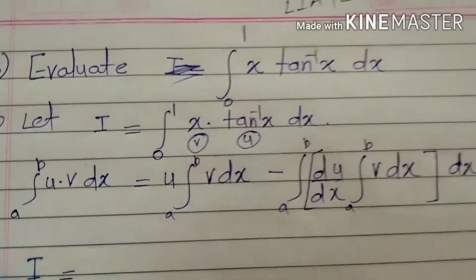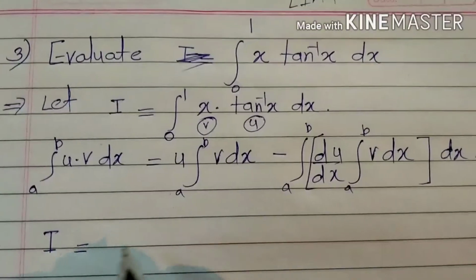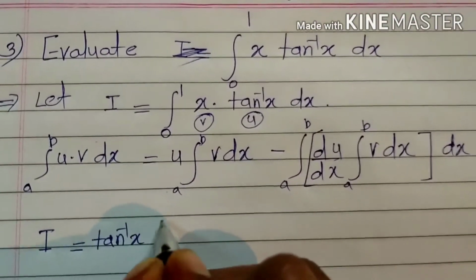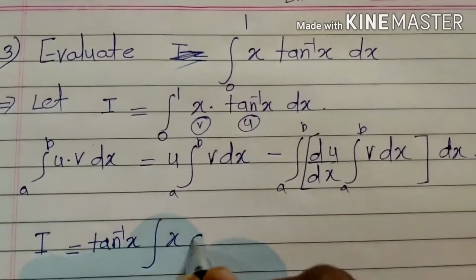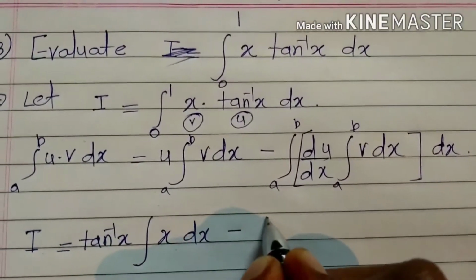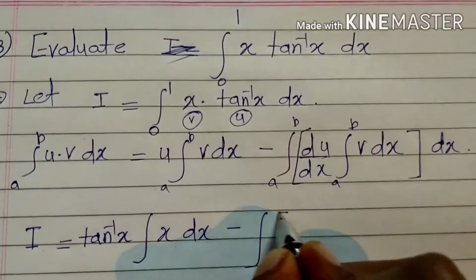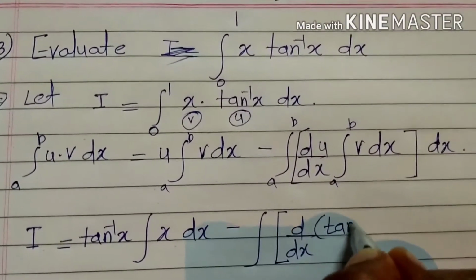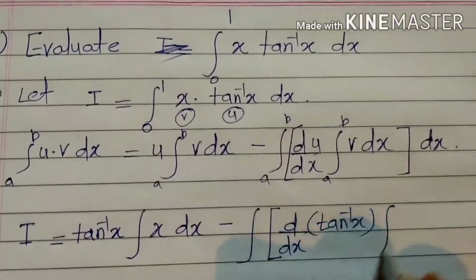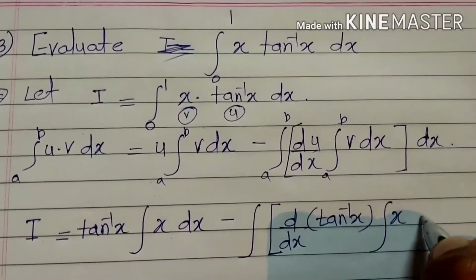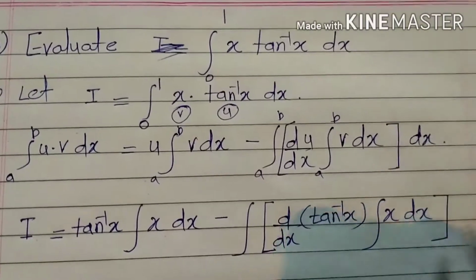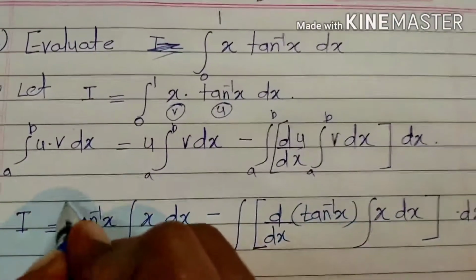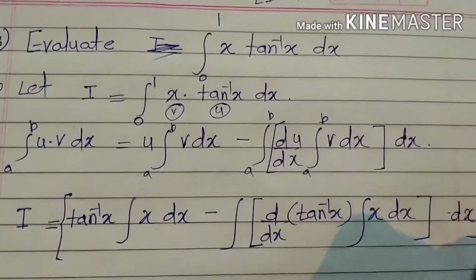I is equal to tan inverse x, the value of u is tan inverse x, into integration of x dx, minus integration of derivative of tan inverse x, integration of x dx into dx, and here is the limit 0 to 1.